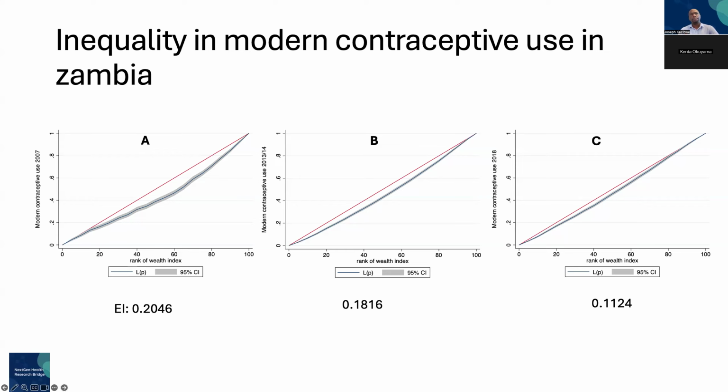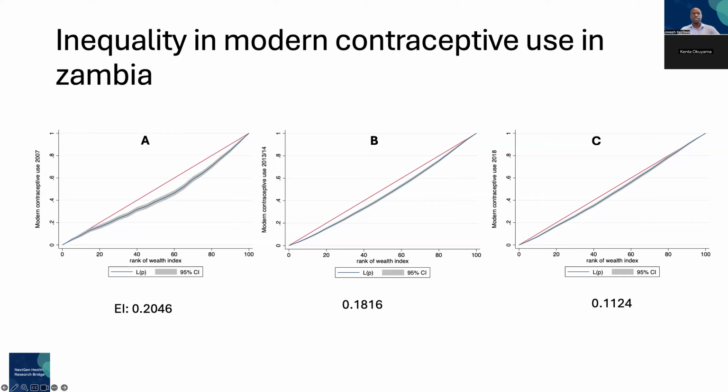And then when we looked at unmet need, we were looking at an element of inequity. In this particular case, unmet need for modern contraception is where someone would want to stop having babies, but unfortunately, they're not using any form of contraception.